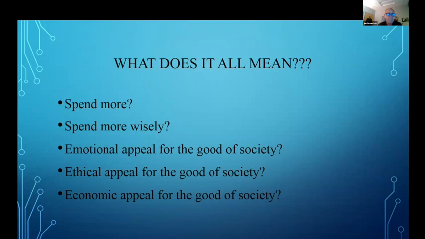Well, my take is, if you look at the U.S. historically, and even up until today, I think the appeal for healthcare for all has been an emotional appeal, or an ethical or moral argument, as opposed to an economic appeal.